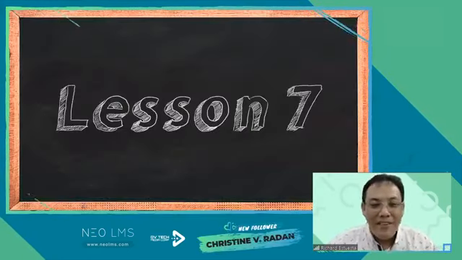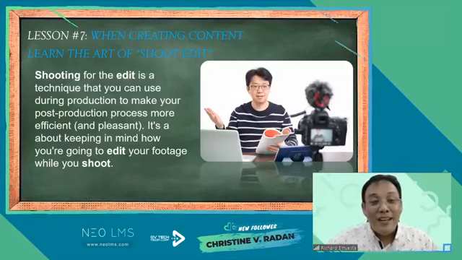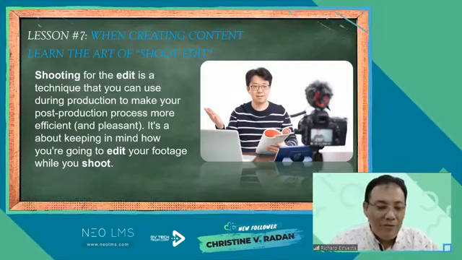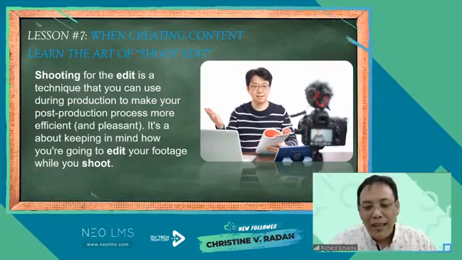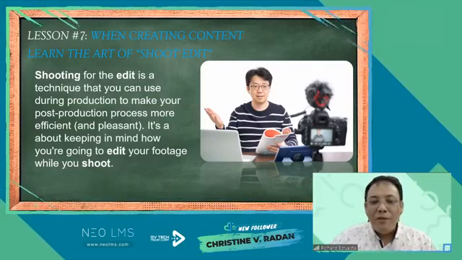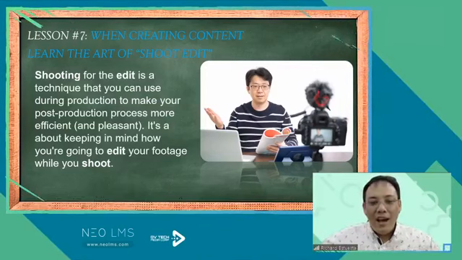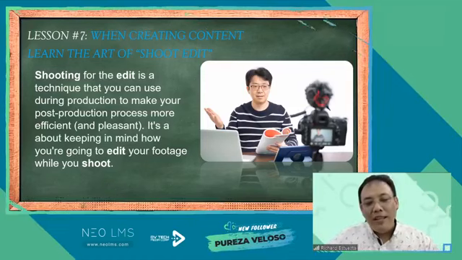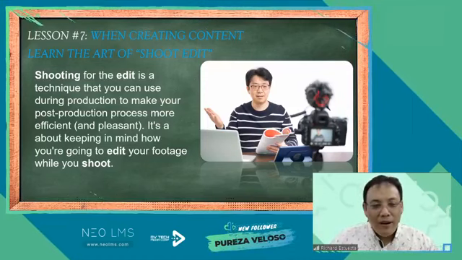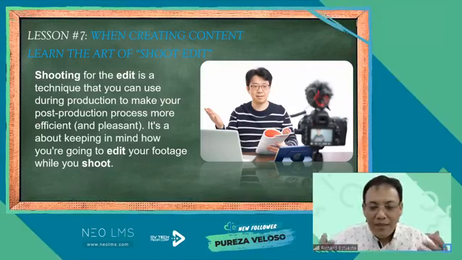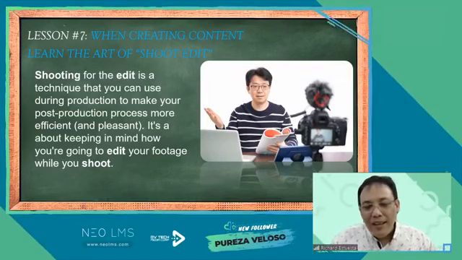Okay, lesson number 7. When creating content, learn the art of shoot edit. This is really for those who are producing content. Sometimes you don't have to repeat the whole 1-hour lecture if you feel that you made a mistake somewhere. Try to just identify that part and shoot edit.